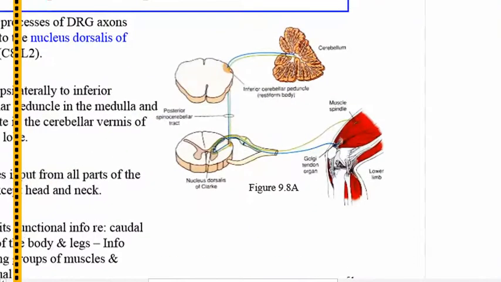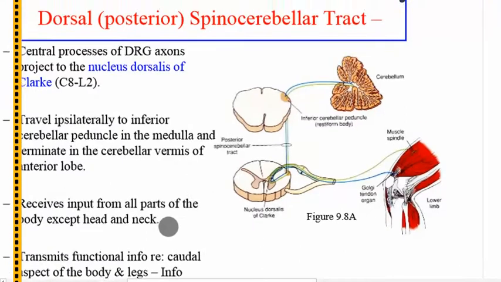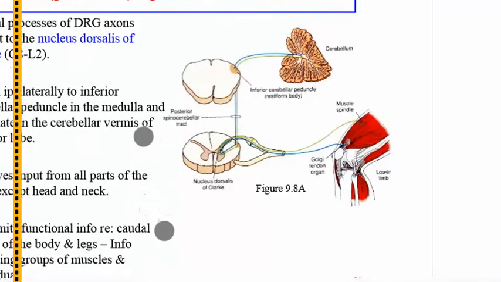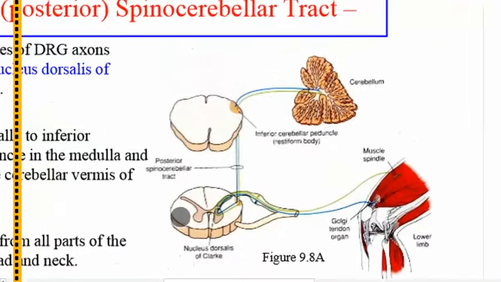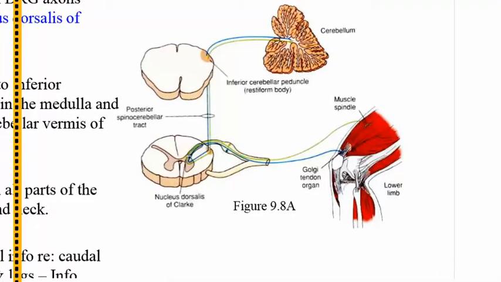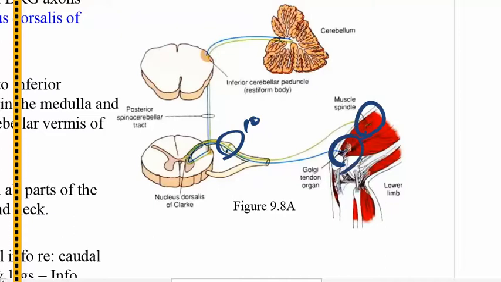Now, when you're looking at the dorsal spinocerebellar tract, and I'm just trying to get through this really fast because we're spending a lot of time on this. Again, the primary neuron is located in your dorsal root ganglion. Notice that it's the muscle spindle and the Golgi tendon that are the receptors.